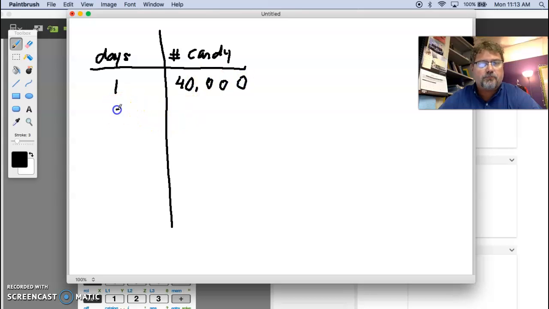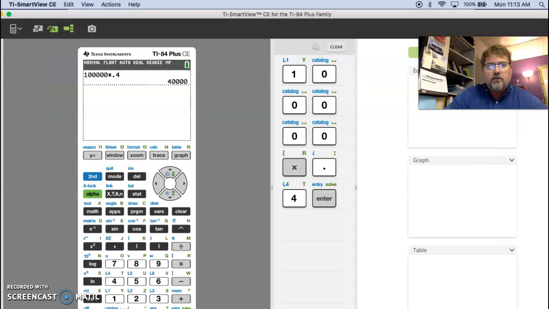Day 2, he's going to give away 60% of that amount of candy, keeping 40%. So here's a way you can work this out in your calculator pretty quick. Instead of re-entering that data, put times. Now see how it says answer there? It's multiplying your last answer for you. Now we're going to go by 0.4 again.